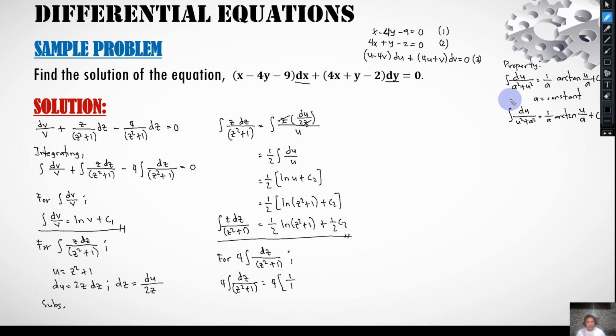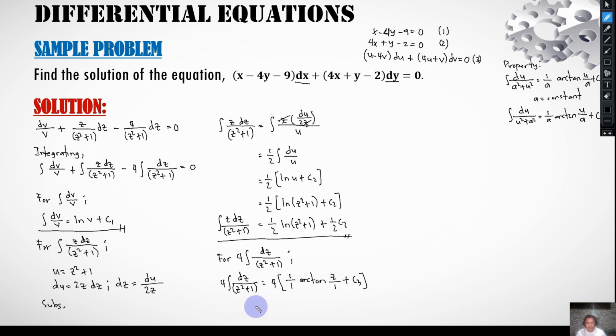And then, arctangent, and then, yung u natin is ito yung z. So, du over u squared plus a squared, ito yung z, yung u natin dito. So, arctangent u is z over a, which is 1. And after that, plus your c. Okay? So, since ito yung pangatlo, so this is c3. Okay?